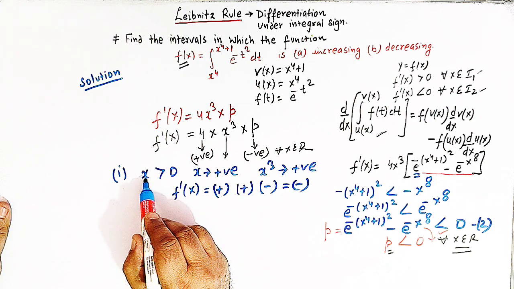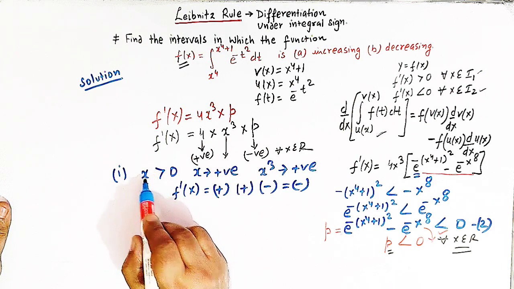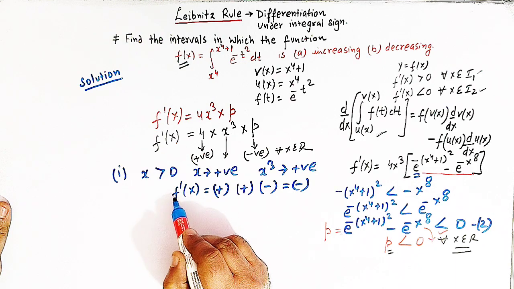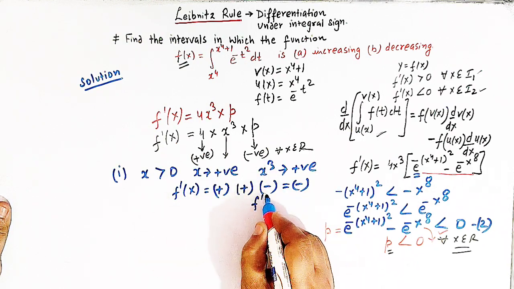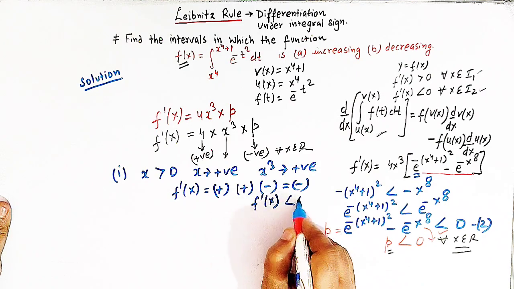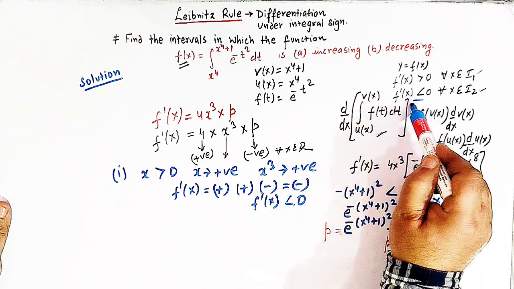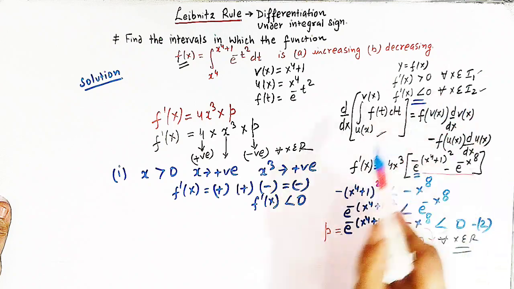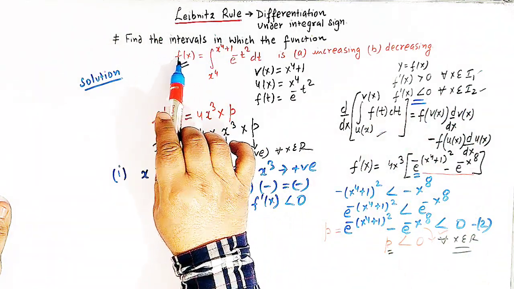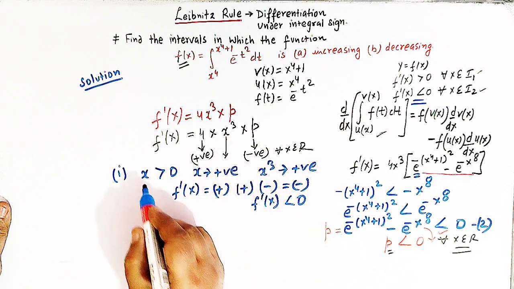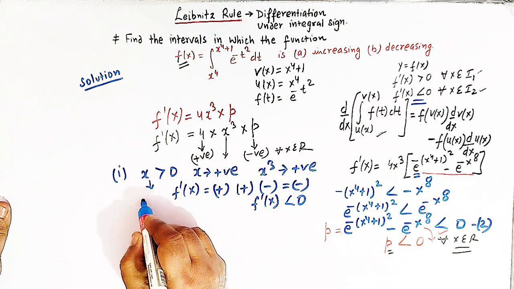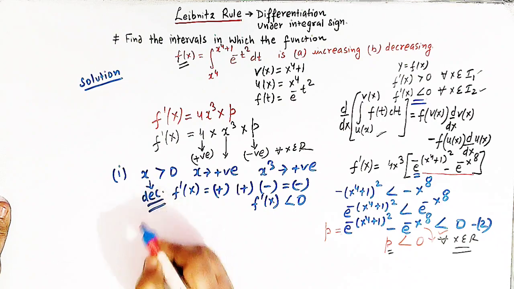So when x is a positive number, that is x is greater than 0, then f prime of x is negative. So it means f prime of x is less than 0, right? F prime of x is less than 0. So the function f of x is a decreasing function when x is greater than 0, right?